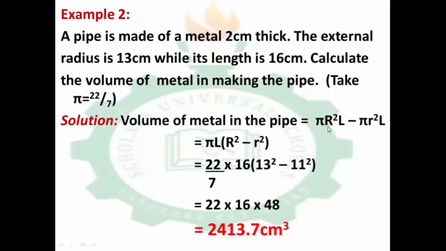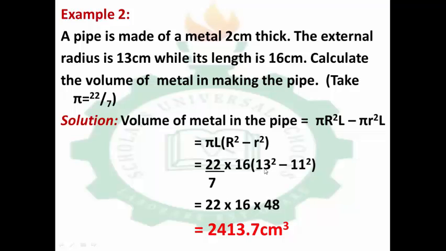Then we have pi L, open bracket, R square minus r square. And your pi is 22/7 times the length given, 16 centimeters.